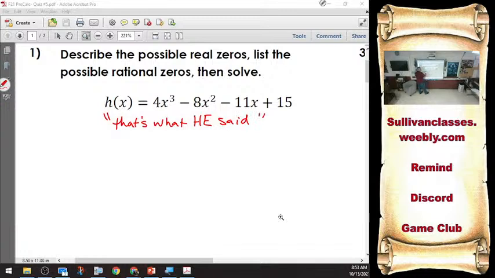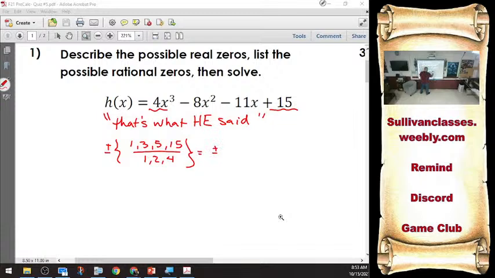And then we're going to do our rational zeros, which is all the factors of 15 over all the factors of 4. So it's going to be plus or minus all the factors of 15: 1, 3, 5, and 15. All the factors of 4: 1, 2, and 4. You cannot leave it like that.